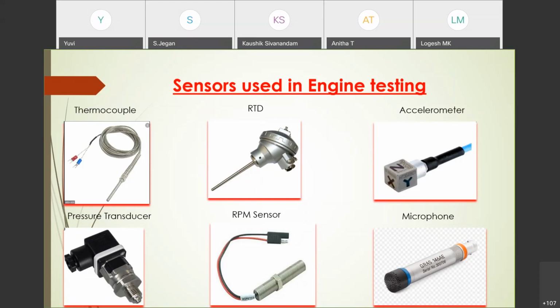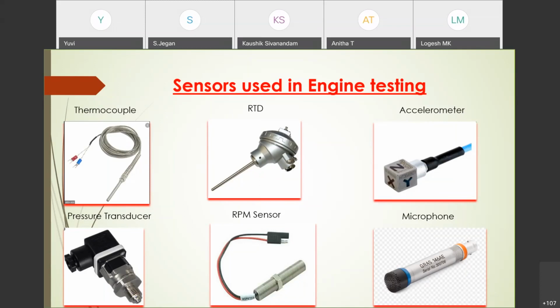There are two types of accelerometers, uniaxial and triaxial. From the word uniaxial, you can understand that this sensor measures the acceleration in a single direction. Whereas the triaxial accelerometer can measure the acceleration in three different directions at a time, which is X longitudinal direction, Y lateral direction, and Z vertical direction.